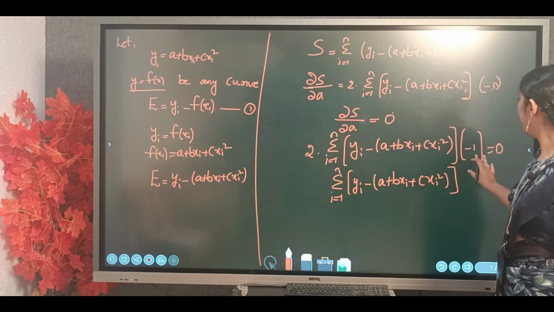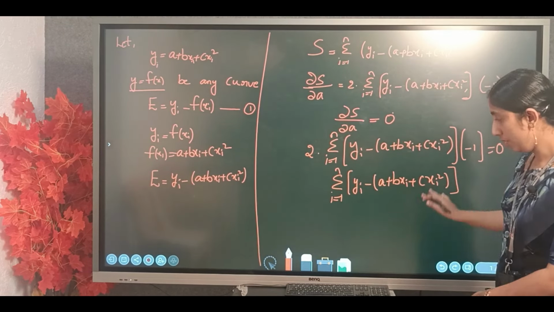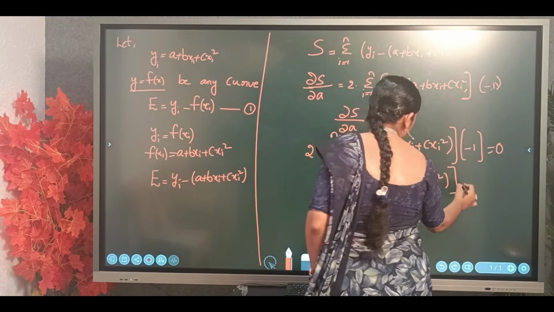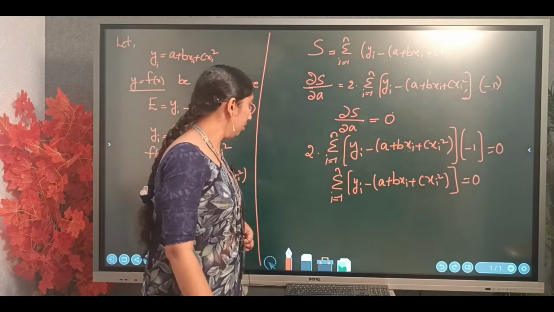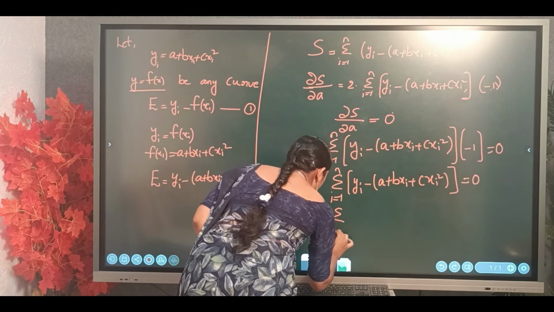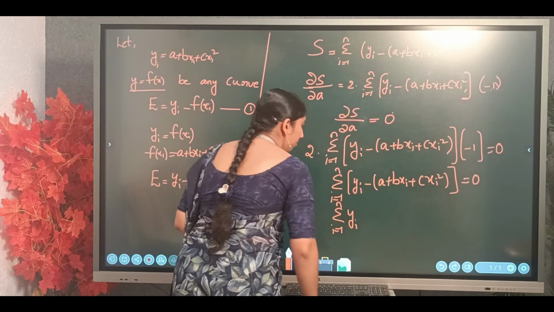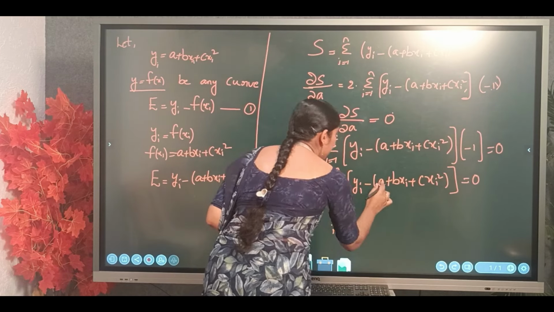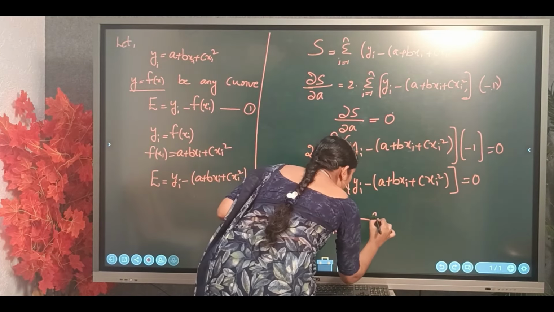So this minus 1 is also a constant. When it is going that side, it will also be 0. So what is here? This is equal to 0. Now we are applying summation individually. What do we get? Summation i equal to 1 to n of yi minus a, which we can write as a into 1. Here a is a constant.